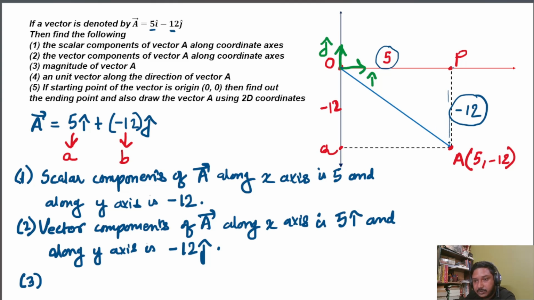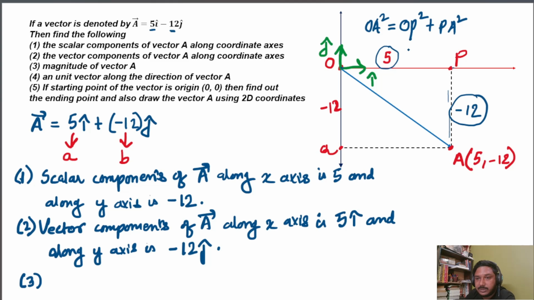What will be the diagonal OA? It will be by Pythagoras theorem. We can write OA square will be equal to OP square plus PA square.